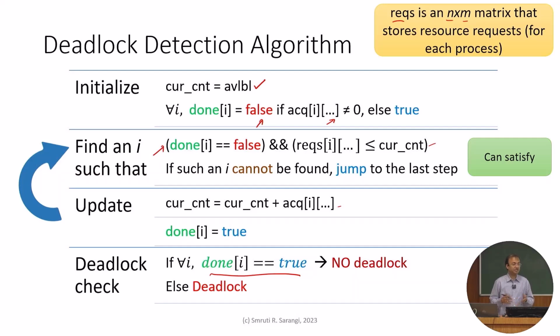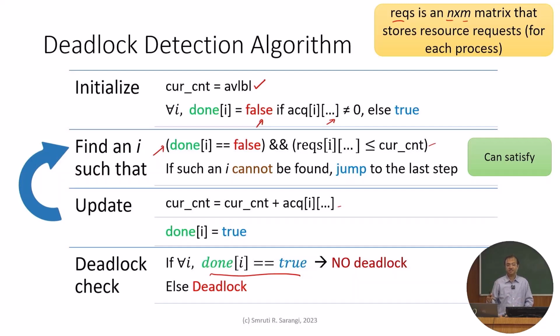Else, there is a deadlock because there is some process whose request I cannot satisfy. Broadly speaking, it is the same kind of thinking repeating, but this is the basic idea that you try to see if you can satisfy everybody's requests.